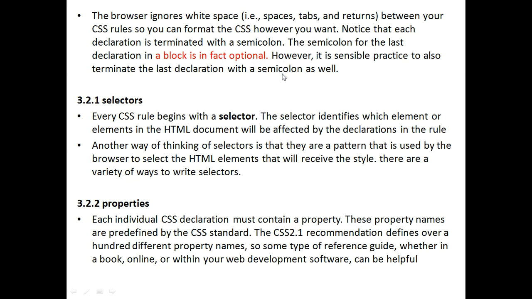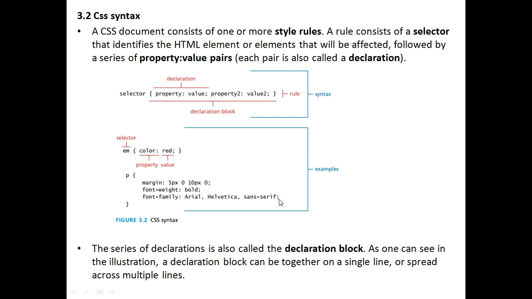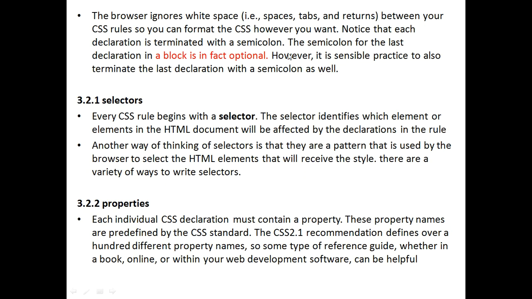In the last declaration you can have the semicolon or not. It's optional, but it is a sensible practice to also terminate the last declaration with a semicolon, so you can add the semicolon at the end.